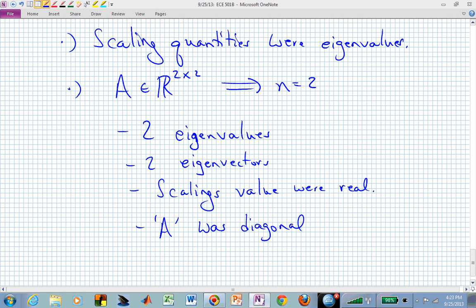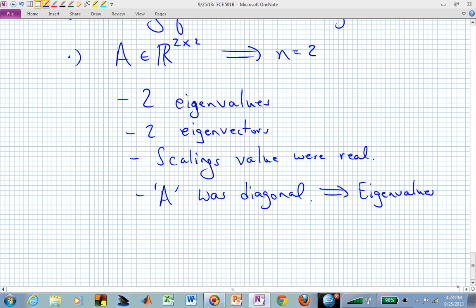It was diagonal, which allows us to conclude that the eigenvalues are indeed the diagonal elements.